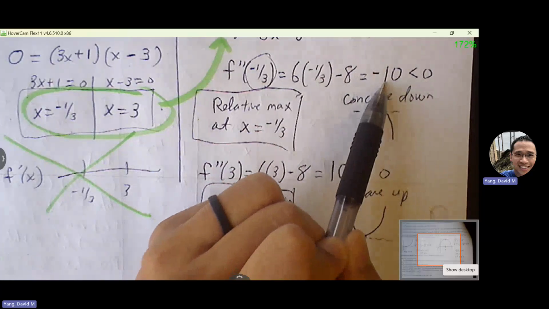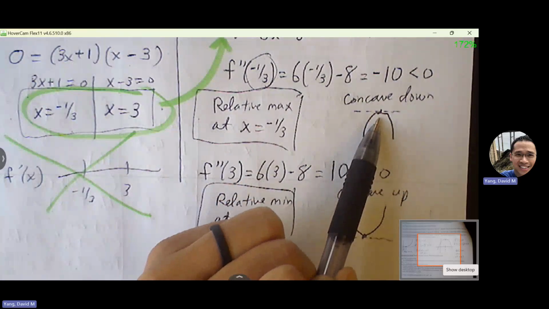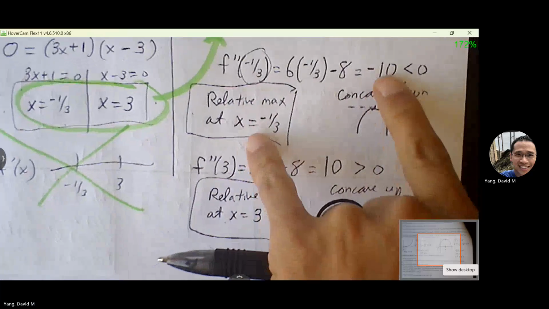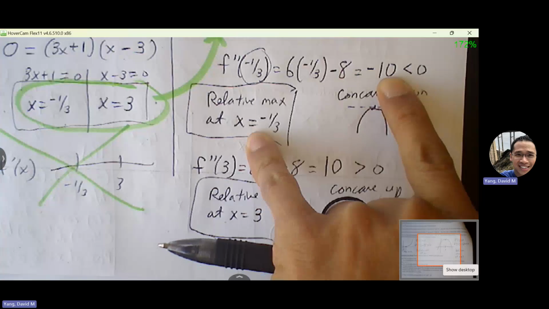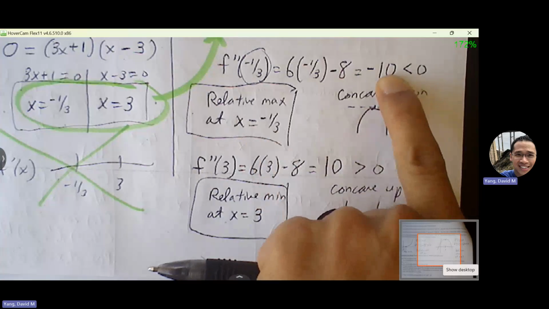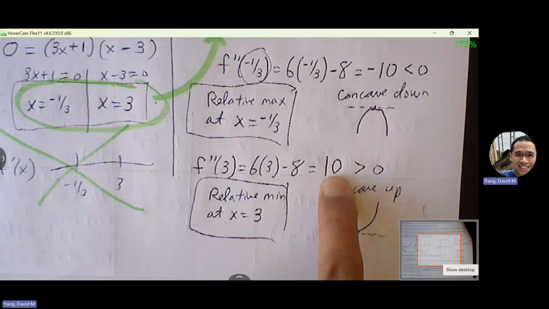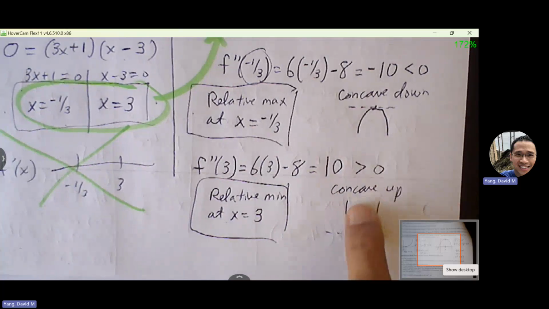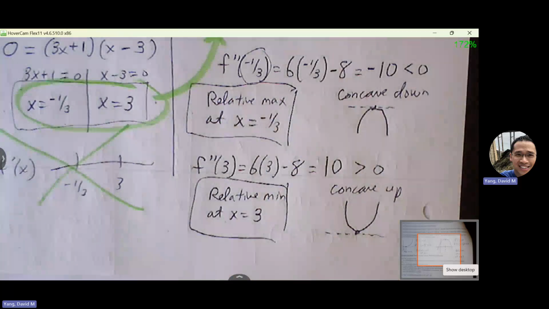We have to consider, okay, this means concave down. Concave down looks like this. I must be staring at a relative max. So just be aware that this is going to throw you off potentially. If you're not careful, you're going to want to interpret this as a low number, therefore relative min, and this as a high number, therefore relative max. But they're talking about curvature, and so concave up and concave down is how we want to determine maxes and mins.